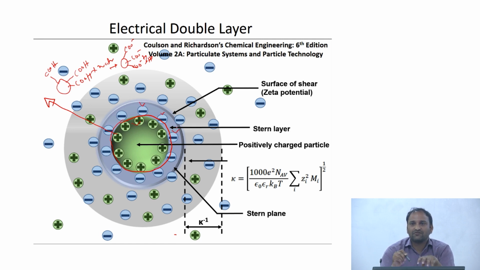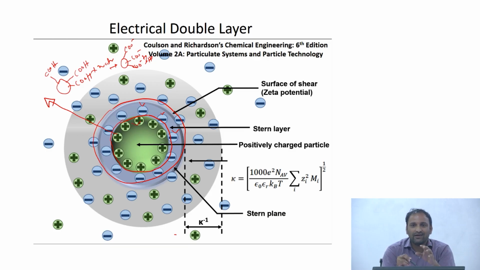Because I have a charged particle, the electric field developed because of the charges on the particle surface is going to attract the oppositely charged ions in the solution, so there is going to be a concentration of counter ions close to the particle surface.